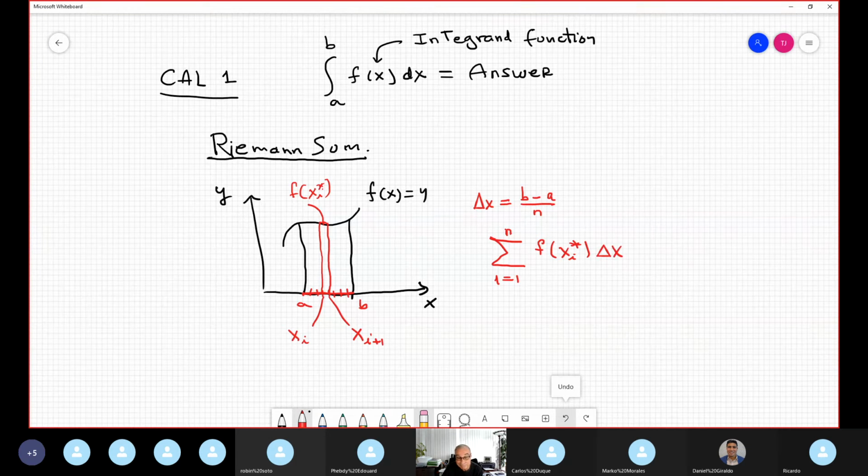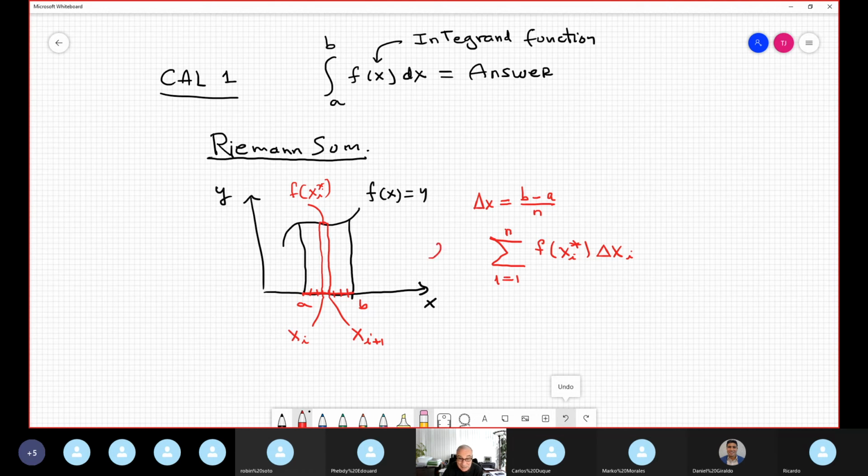And delta x, well, I consider that it is constant, but not necessarily constant. Okay, in a more strict way, you suppose different delta x. This is crazy, no? Normally you assume the same delta x, but not necessarily it's the same. Okay. So delta x i in general, this is a Riemann sum.